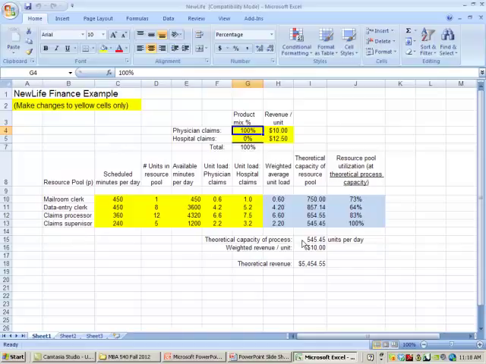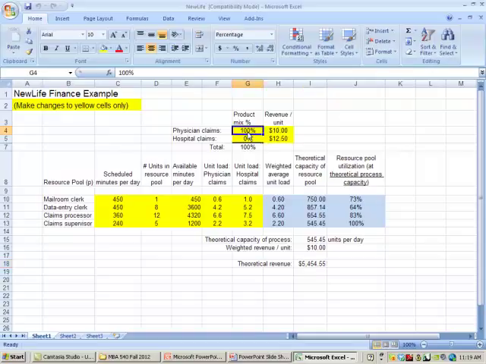And if we were to run this process at 100% of the process capacity, that means the claim supervisors would be busy 100% of the time, and everyone else would be busy something less than that. So in theory, we could generate up to $5,454 of revenue if we stick with 100% physicians claims. So make sure you understand that and you're comfortable with the math there before we change it.